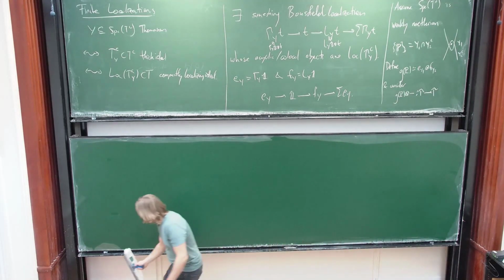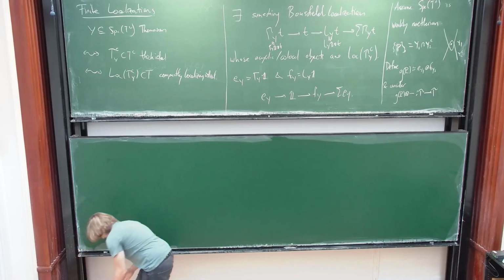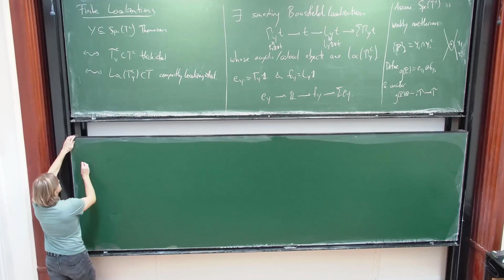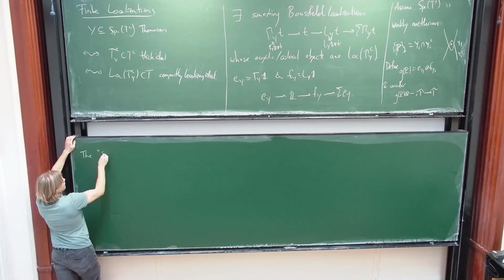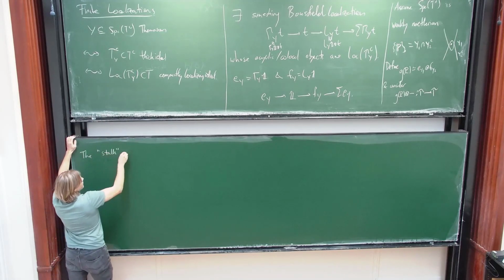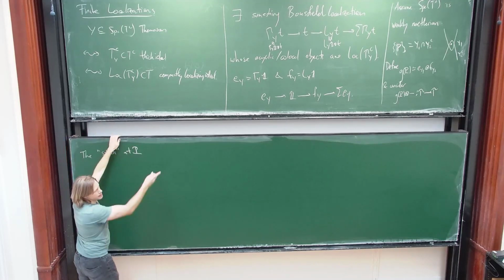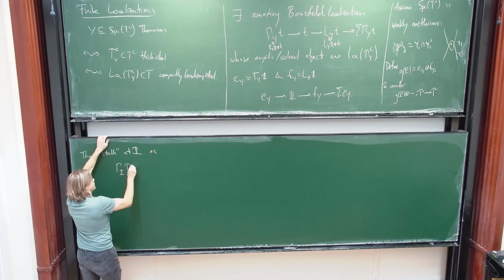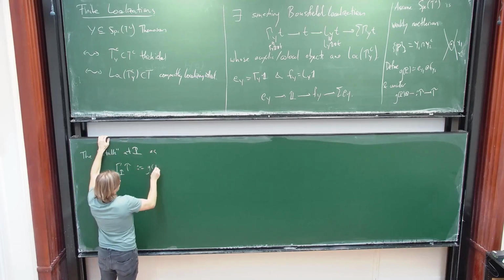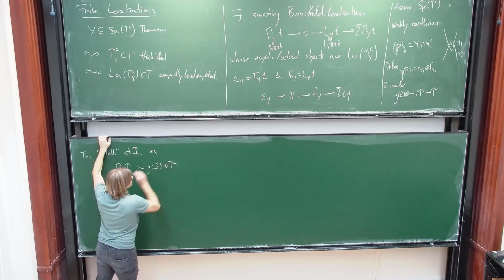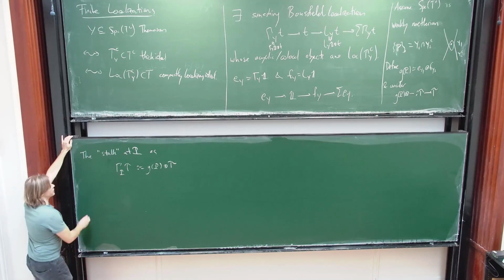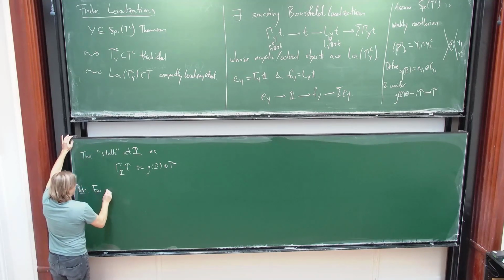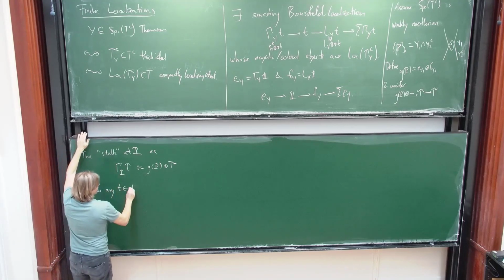Okay, so we could then define the stalk at P to be the image of this functor. And then we could define the Balmer-Favi notion of support for any object T in our big category.